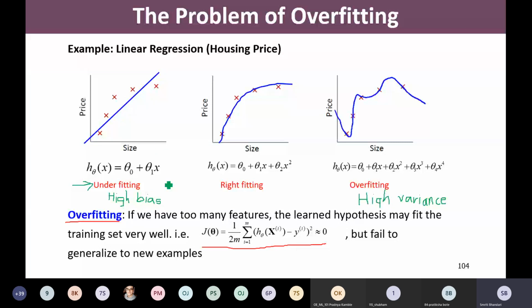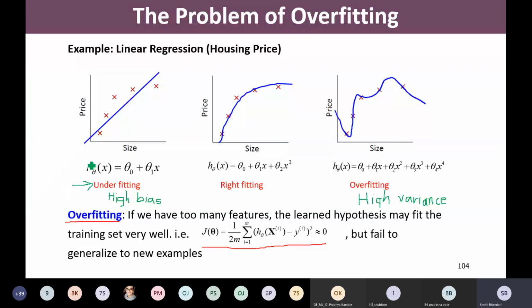I just mentioned what bias is. Can anybody give me the definition of bias? Bias is the assumption made by a model to make the function easier to learn. So here, what is our bias or assumption?